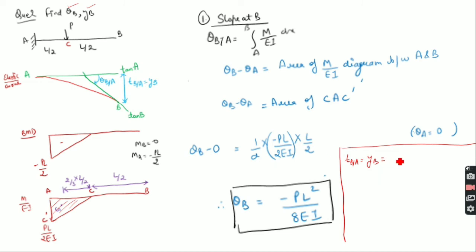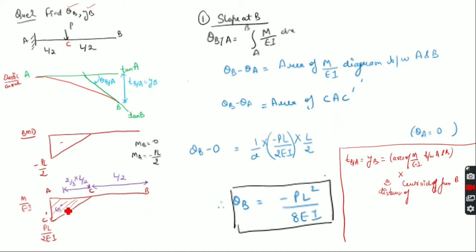So which can be calculated by area of M by EI diagram between A and B into distance of centroid from point B, because we are finding TBA.